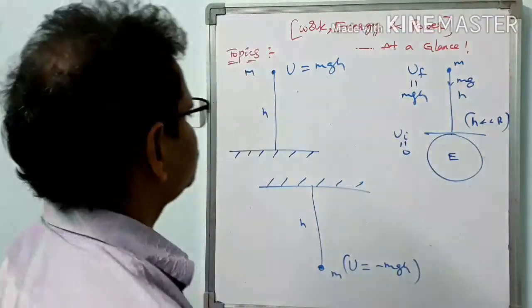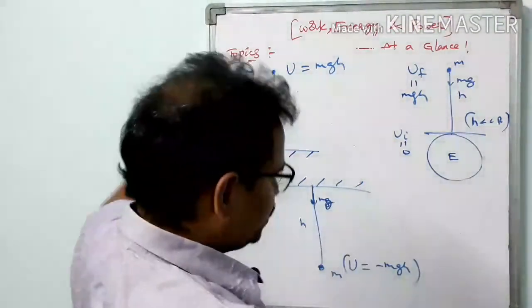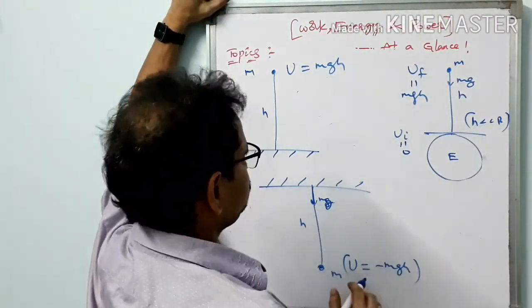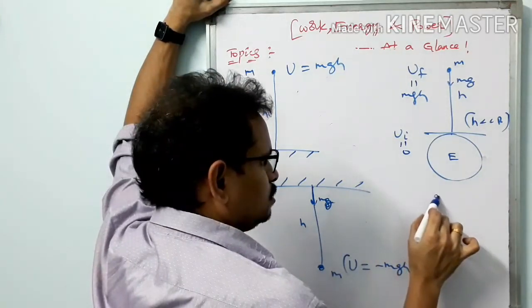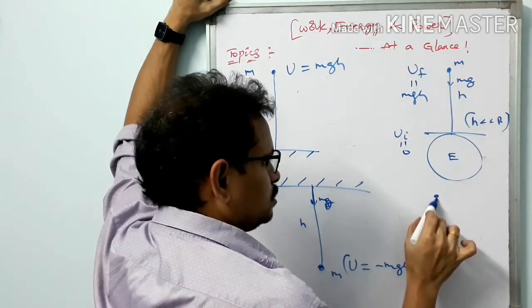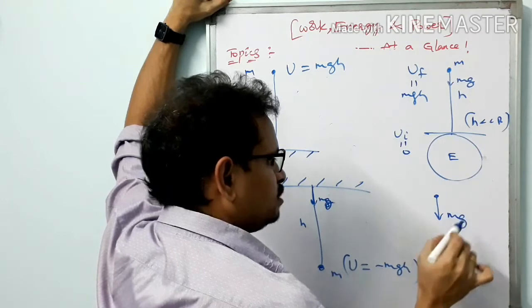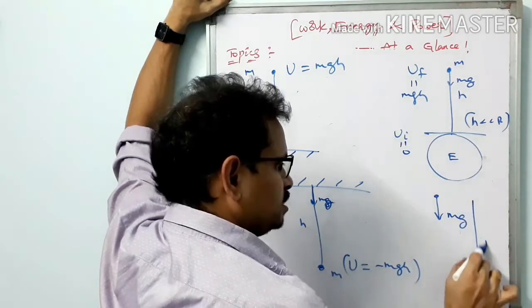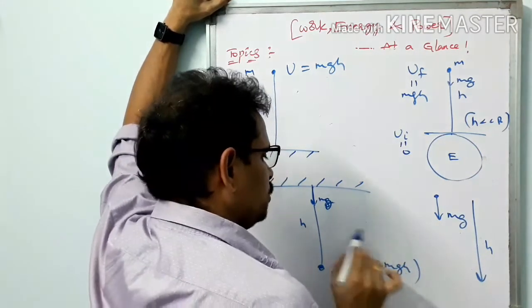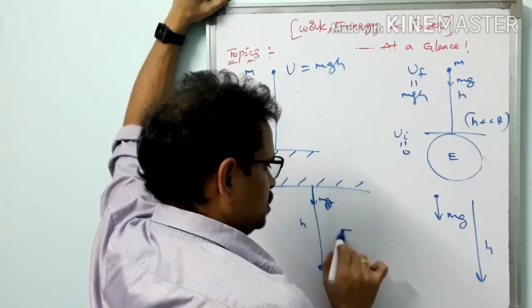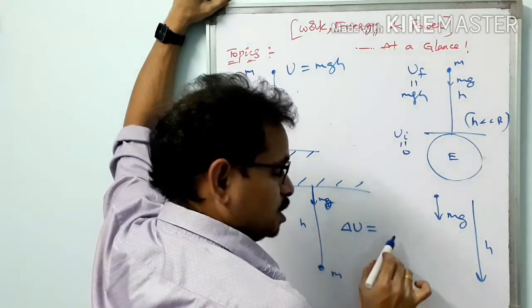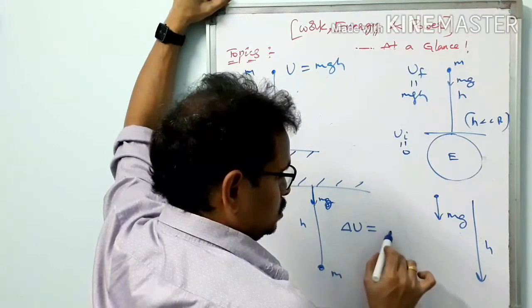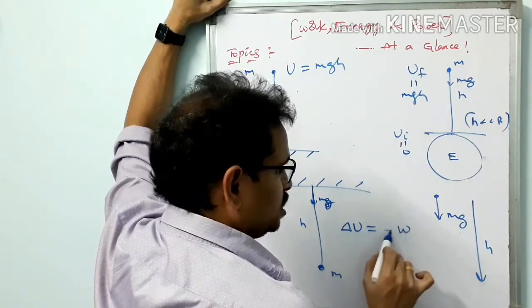Okay. Let us see why it is negative here. mg is acting downwards and displacement is h. So what is delta U here? Delta U, the change in potential energy, equals the negative of the work done by gravitational force.